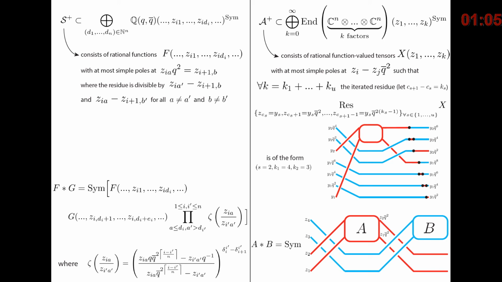Well, since you brought it up, maybe I can ask this question. I want to produce the R matrix for the double for GLN hat in terms of just the R matrix for GLN hat. And one way to do it is to take some kind of infinite product. Yeah, that's right. Is that point of view at all aligned with what you do here, or is it just what you're talking about?